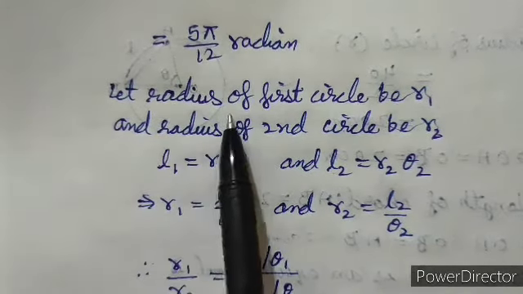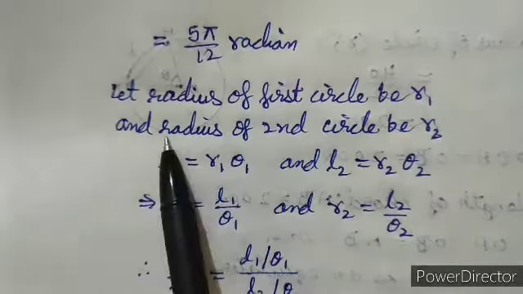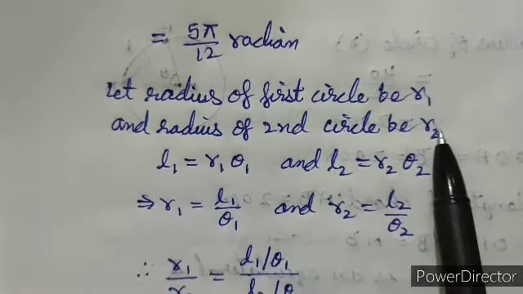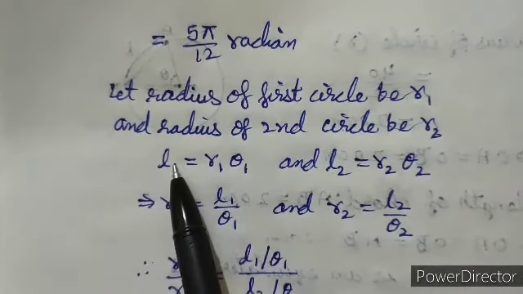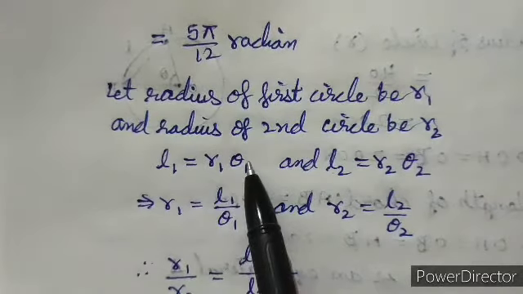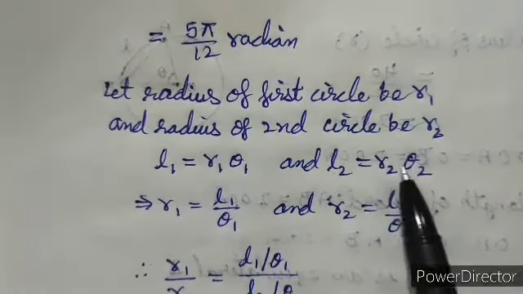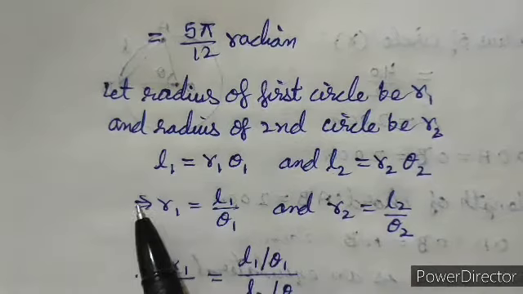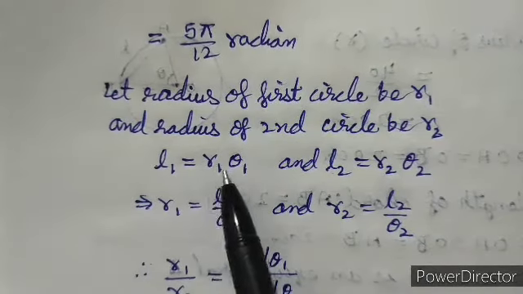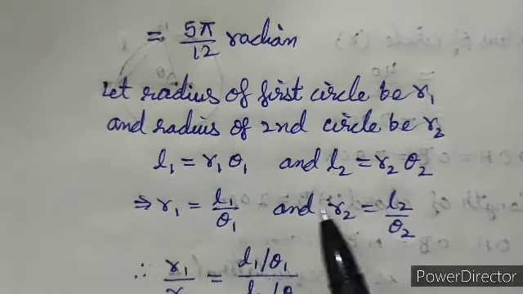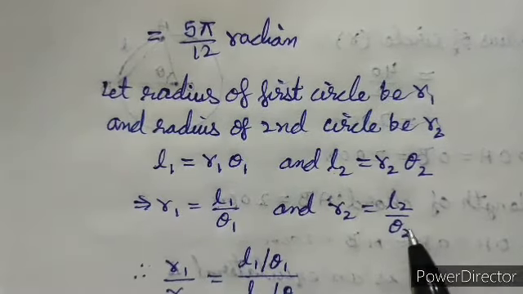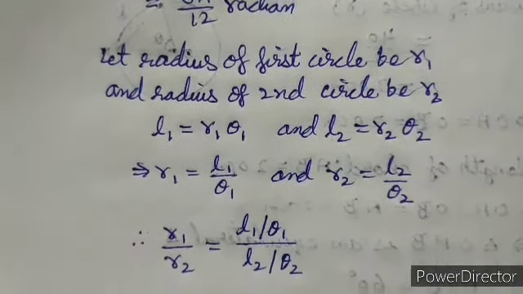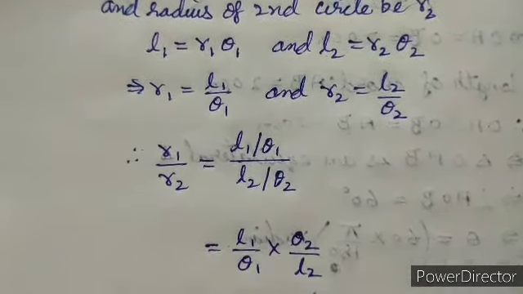Let radius of the first circle be R1 and the radius of the second circle be R2, then L1 will be equal to R1 theta 1 and L2 will be equal to R2 theta 2, and from this we can say that R1 will be equal to L1 by theta 1 and R2 will be equal to L2 by theta 2.